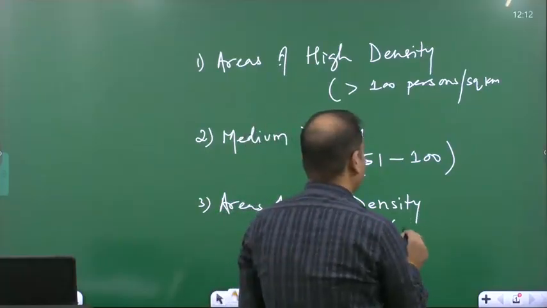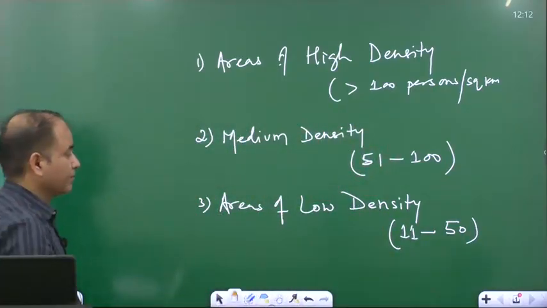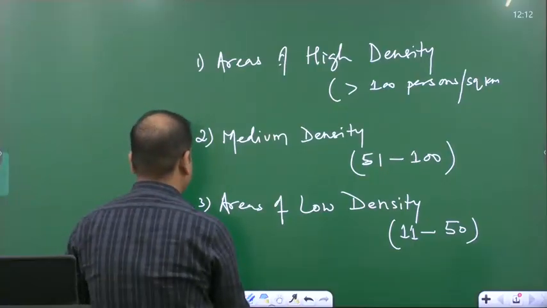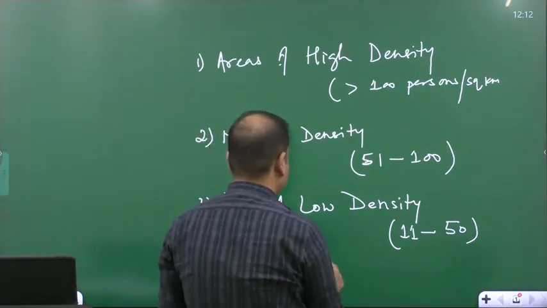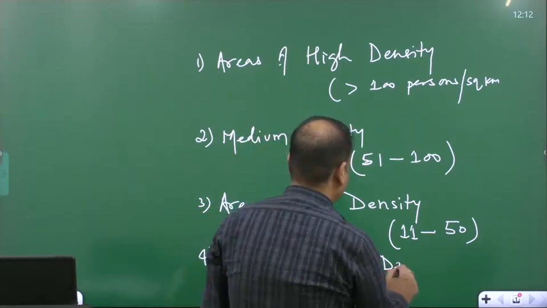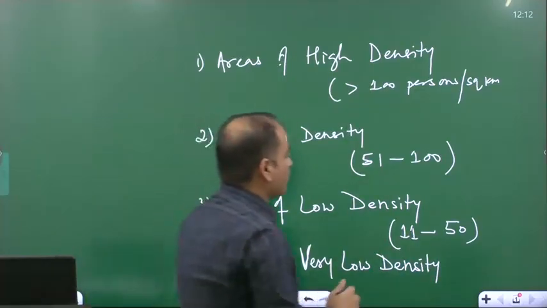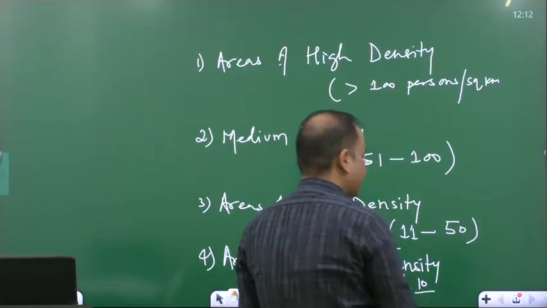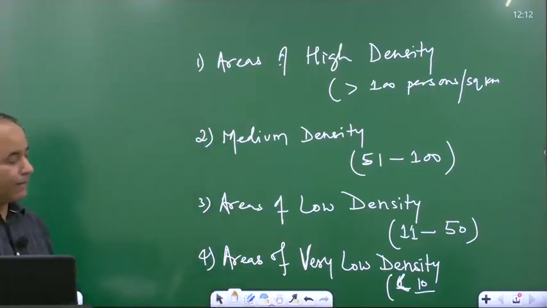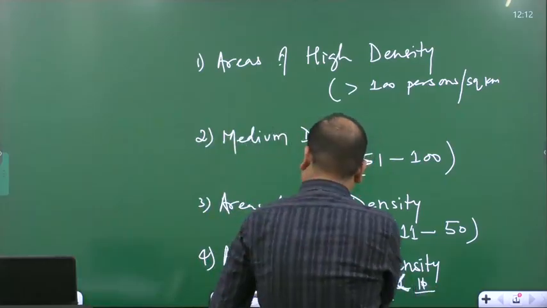Areas of low density, 11 to 50. Areas of very low density, less than 10.